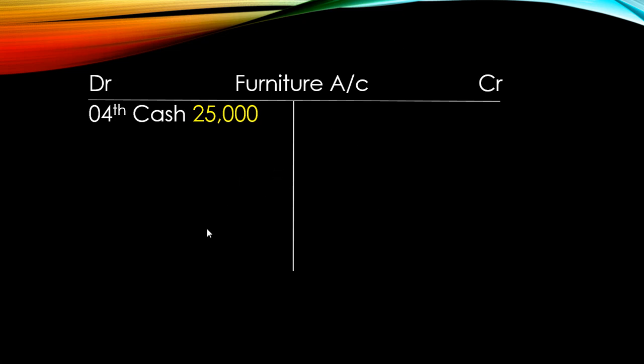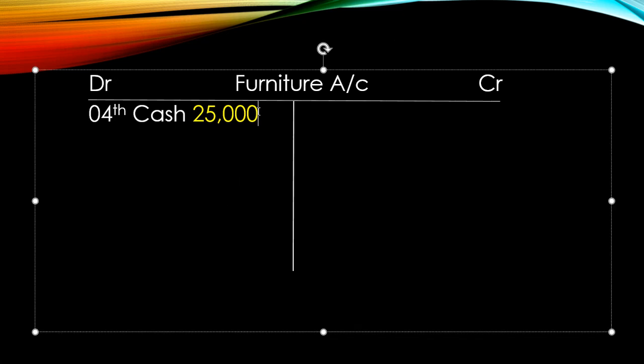So if you balance this side, the total is 25 here. But also, the total this side is 25. This is how we balance, because on the credit side, we do not see depreciation.